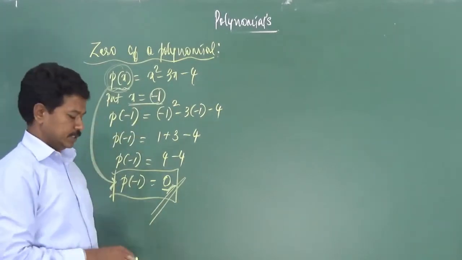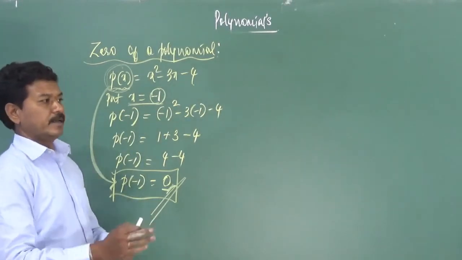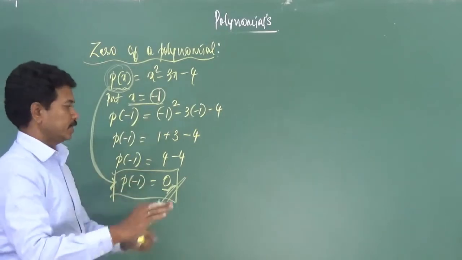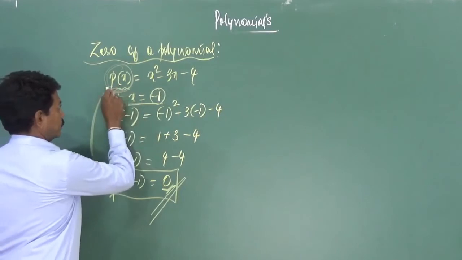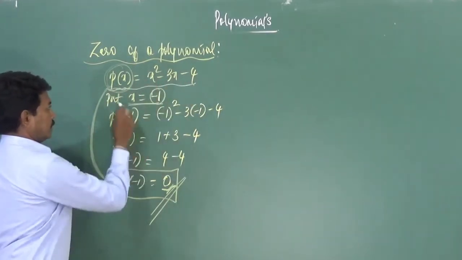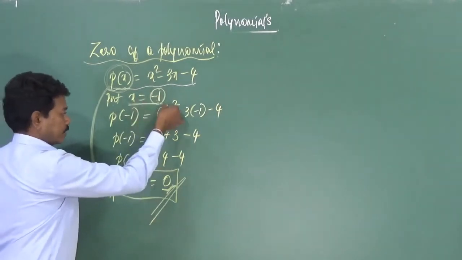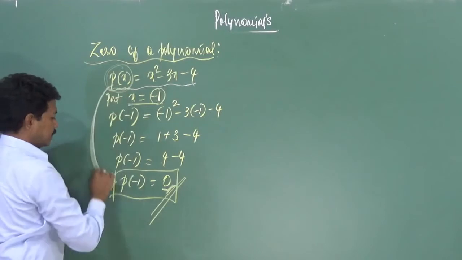Many students at this point get confused. They may say, what is this? But actually, it's very meaningful here. You have to remember this. You had been given a polynomial. You are asked to substitute the value of x is equal to minus 1. You simplified and got 0. You made p of x equal to 0.